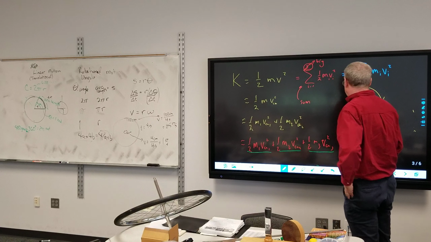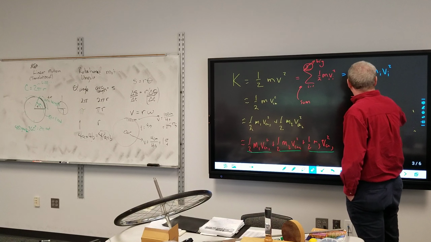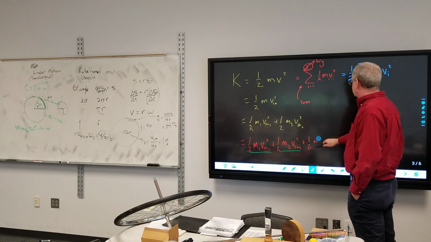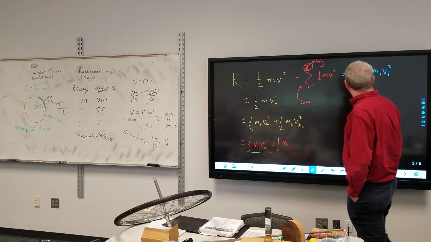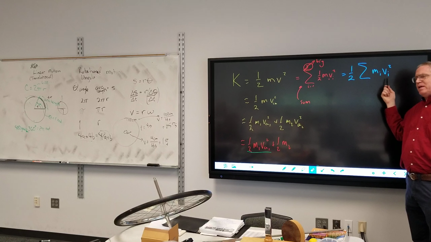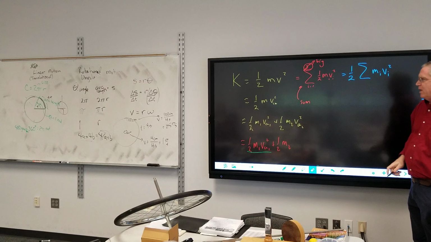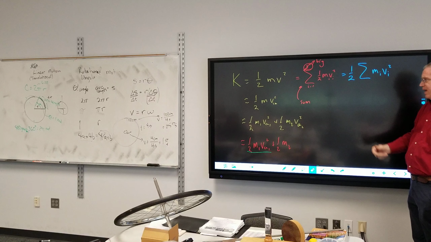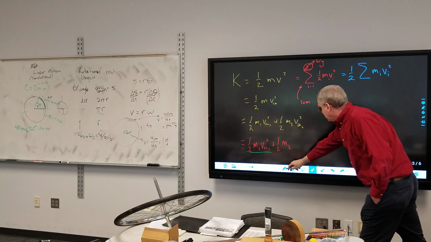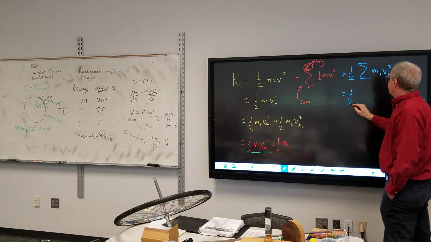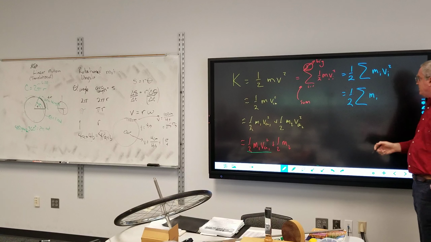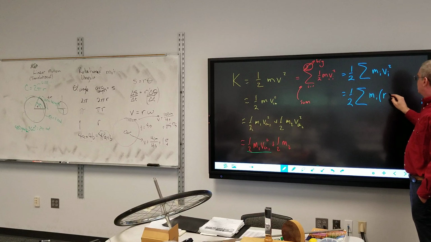So what I'm going to do is erase some of this stuff. I'm just going to take the speed of the object and put it in terms of r and omega, the distance from the pivot point times the angular speed. So this is equal to 1/2 times the sum of whatever the mass of that tiny little piece is times r i omega.